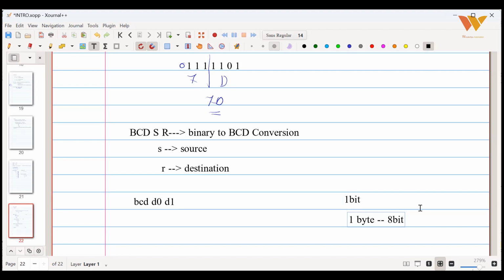Understood? And one more thing, when we were using the timers, we were giving this direct hash value, right? Hash 5. The constant value we were giving. And this constant value we cannot change while we are running the code, correct? But if instead of hash 5, I use a register D0 and feed the value into D0, anytime while I'm running the code, I can change the value.